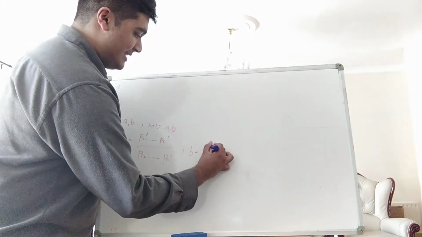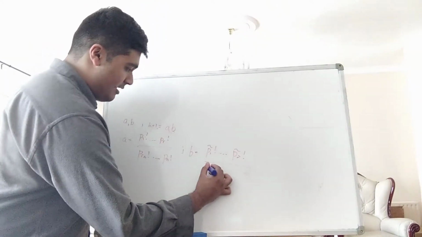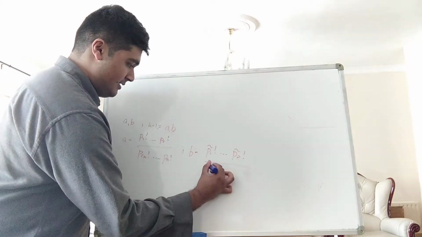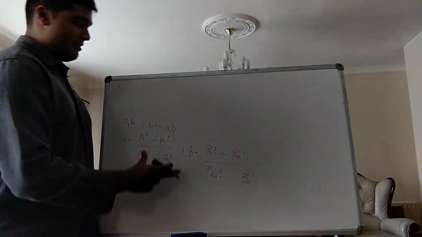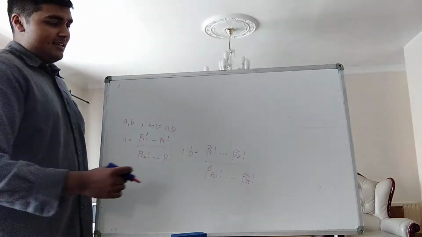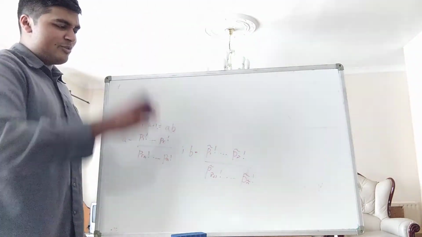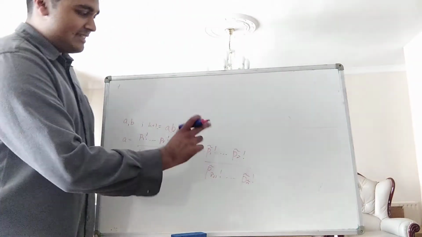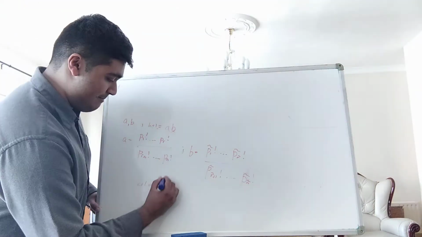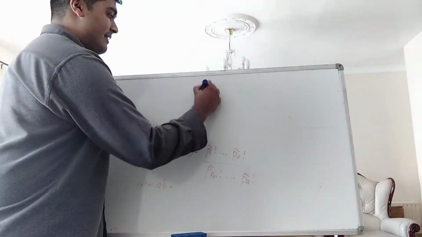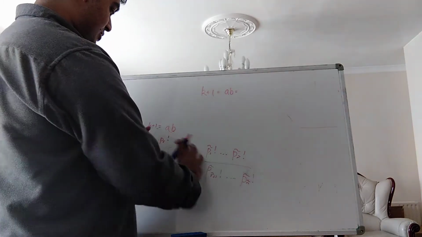So I've put the tildes in just to show that firstly they're not necessarily the same primes, and also we don't necessarily have the same numbers of primes on the numerator and the denominator, but that's just a technicality. And then k plus 1 is ab, and that is just these two products here.